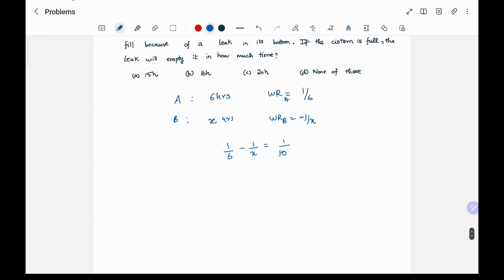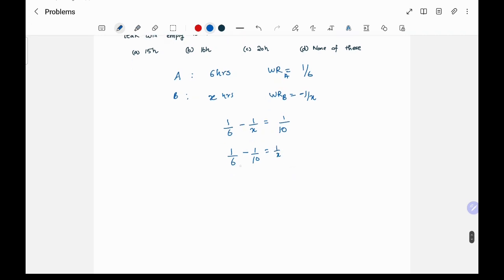So 1 by X is 1 by 6 minus 1 by 10. LCM is 30. So 5 minus 3 by 30 equal to 1 by X. So 2 by 30 is equal to 1 by X. So X is equal to 30 by 2, which is 15 hours.